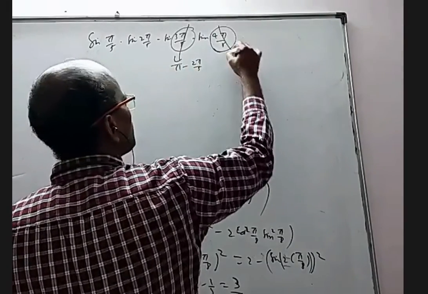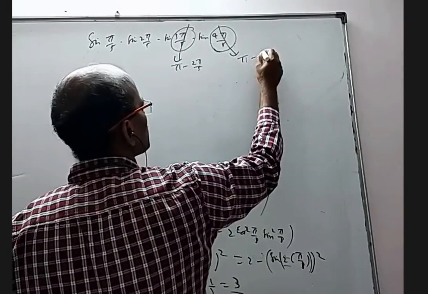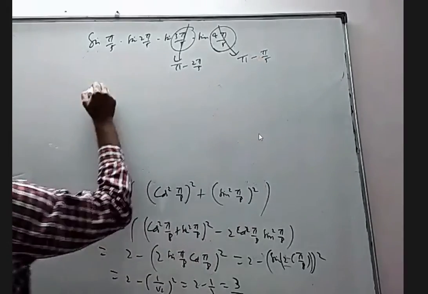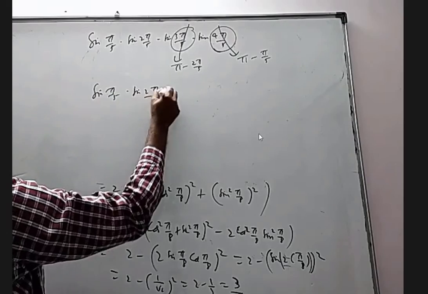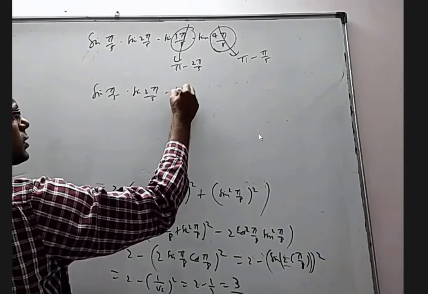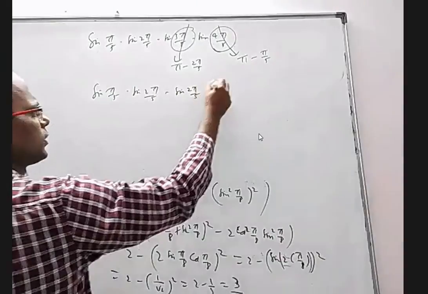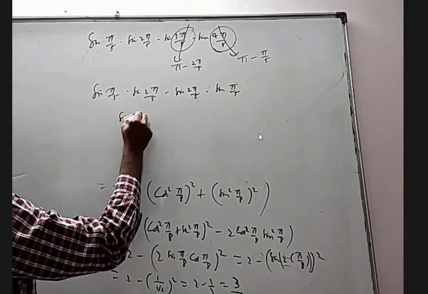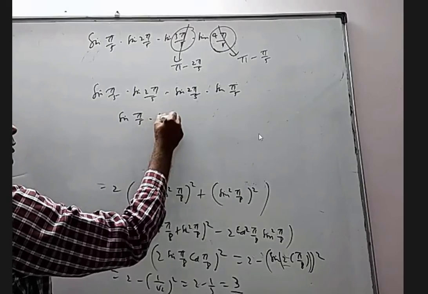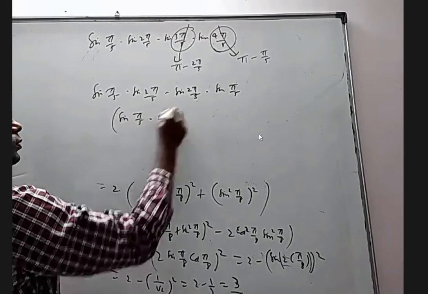This 4 pi by 5, I want to write as pi minus pi by 5. So I will get sine pi by 5, sine 2 pi by 5, and since sine 180 minus theta is sine theta, I will get sine 2 pi by 5, and this is sine pi by 5. So I'll be getting sine pi by 5, sine 2 pi by 5 whole square.